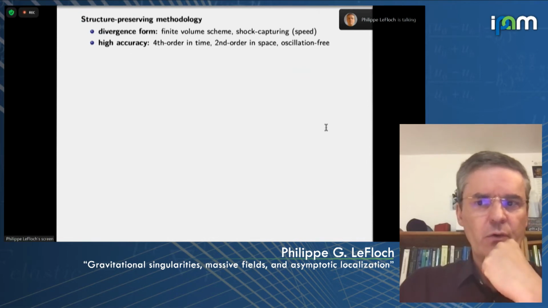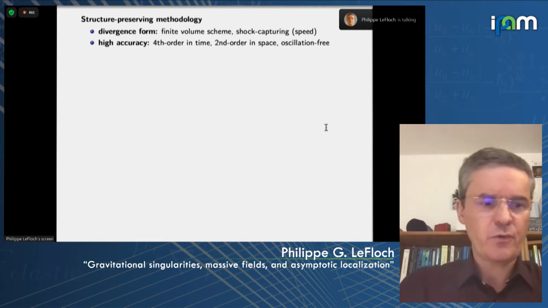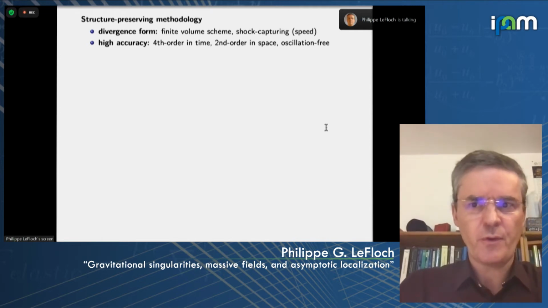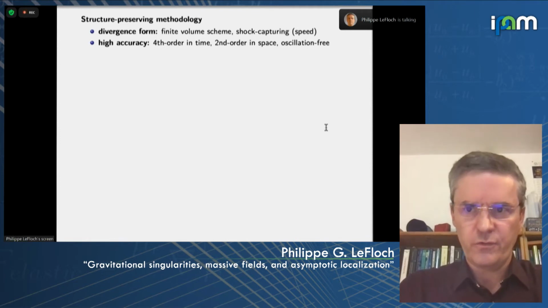So how do you attack this problem if you want to be precise about capturing the correct asymptotics at the singularity? The structure preserving methodology that we use is, first of all, to use a divergence form of the Euler equations, by using a finite volume scheme, which is shock capturing, and ensures that the speed of propagation of your shocks is going to be correct.